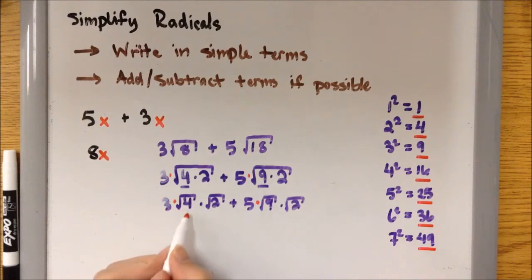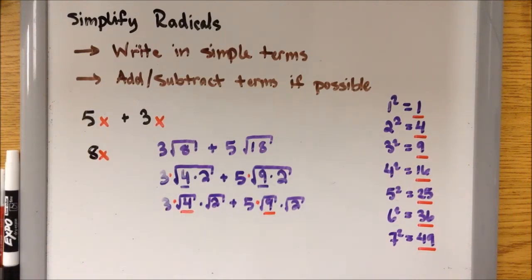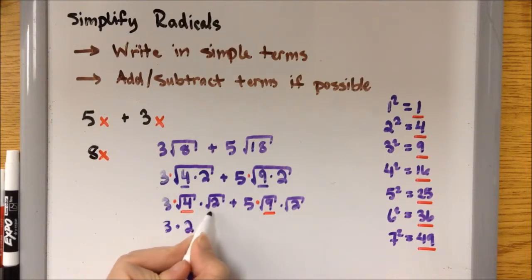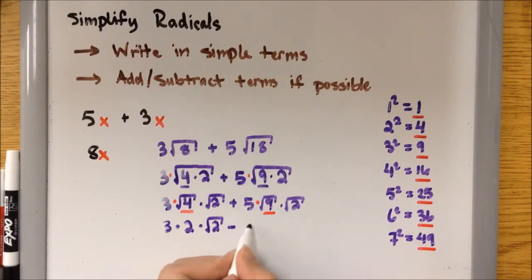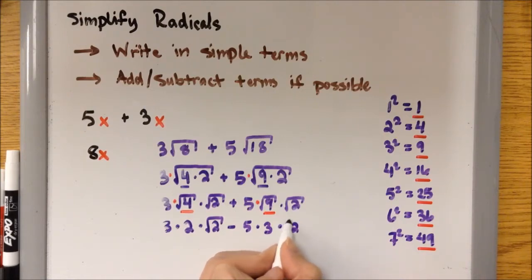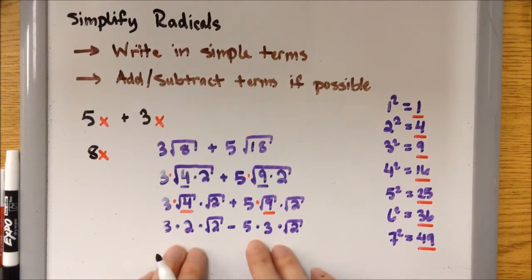Now, from this part, again, we can do the square root of 4 and the square root of 9. So I'm going to bring down the 3. The square root of 4 is 2. Can't simplify square root of 2, I'll bring it down. I'll bring down the plus. Bring down the 5. The square root of 9 is 3. Can't simplify that, so I'm just going to bring it down, square root of 2. Now, we're going to multiply the ones on their respective side.